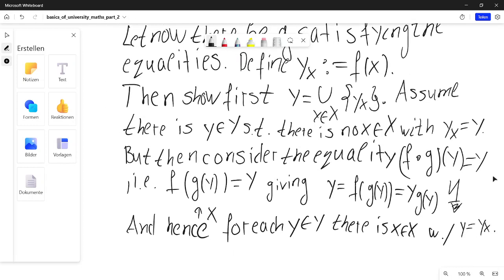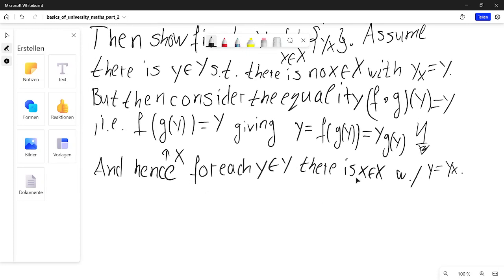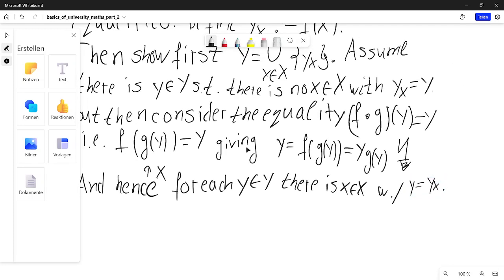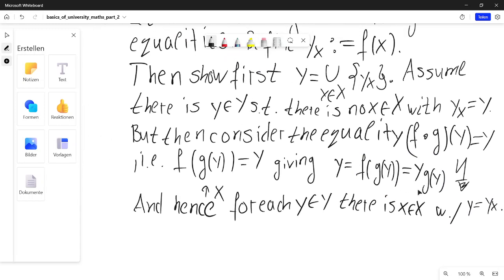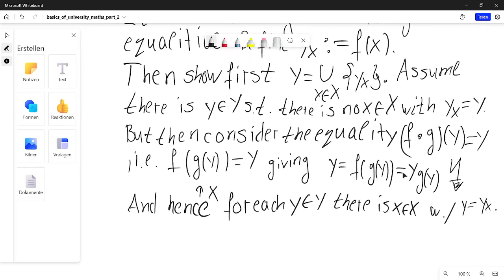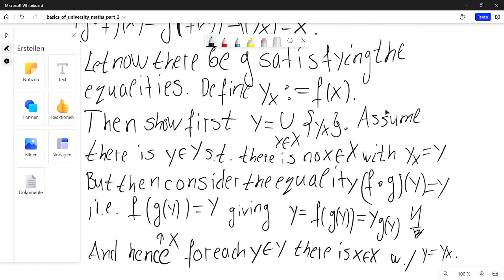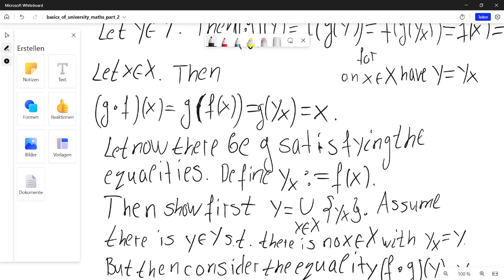But here we could have immediately seen that actually there is x element X with y equal to f of x, simply by taking x equal to g of y, right, for the y. And you would have had that immediately, but you see, both structures you could use, it is completely valid. That might be a little confusing, you could rewrite it differently, but mathematically both are completely valid. Alright, that was the first thing.